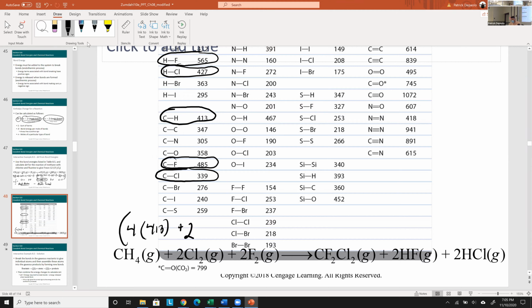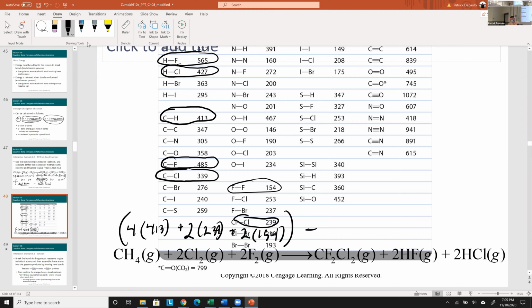Plus 2 Cl2. The Cl-Cl bond is right here, 239. So 2 times 239, plus 2 times F2. F2 is right here, 154.